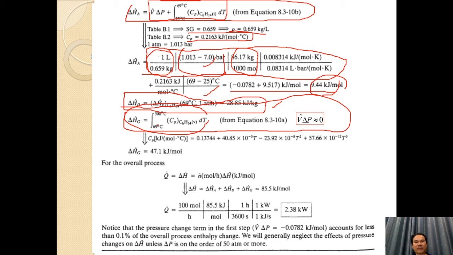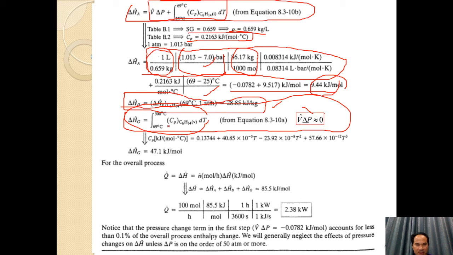The third step, delta Hg. Delta Hg includes the pressure change from 1 to 7, but for this case it's ideal gas. We assume ideal gas. Delta U, delta S equal to V delta P equals to, okay, this equal to 0. It's only the term, right, temperature change from 69 to 300 degrees Celsius.